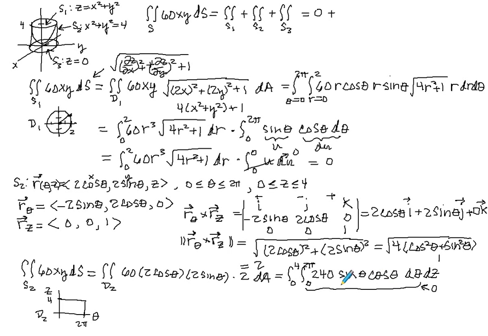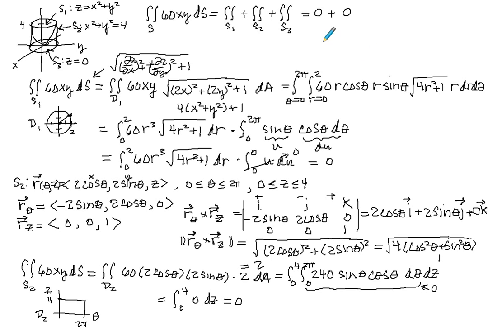So this then just breaks down to the integral from 0 to 4 of 0 dz. And if you integrate 0, you're going to get 0. So the integral along S2, that second surface, is also 0. So that doesn't contribute anything to the integral.